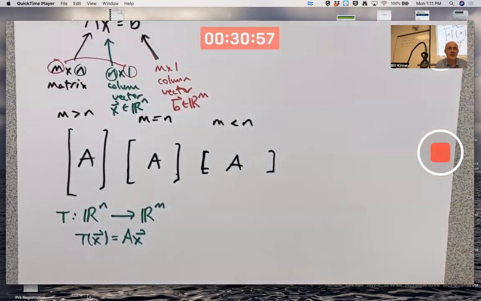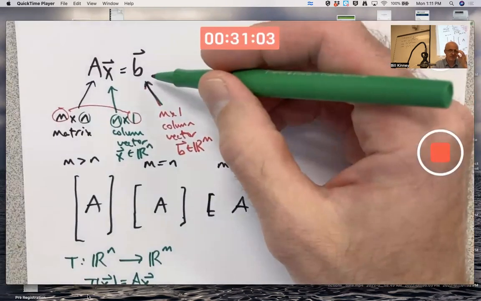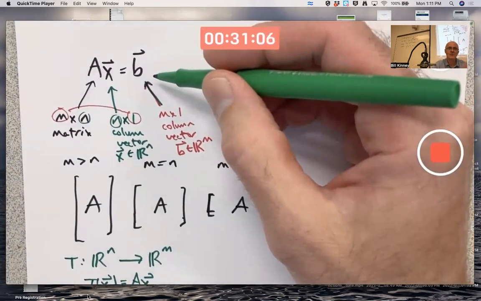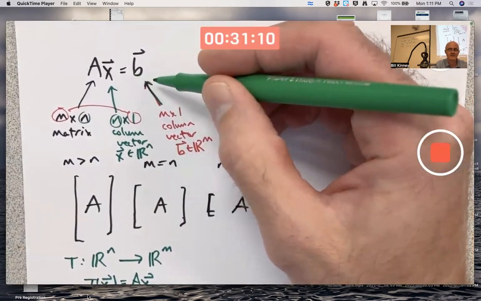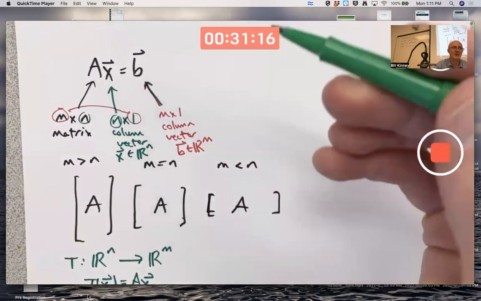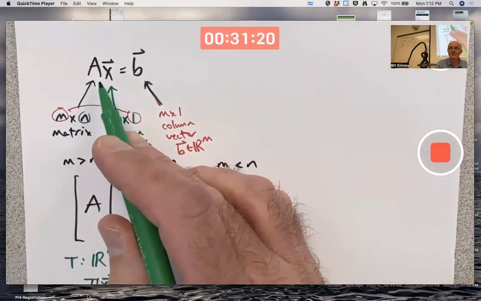In all likelihood, if you got random entries, it probably is onto. Probably every B will have a solution. There will be a solution for every B. Because probably it's onto. Could I make it not onto? Yeah. The easiest way to make it not onto is make A the zero matrix. Make all the coefficients zero.